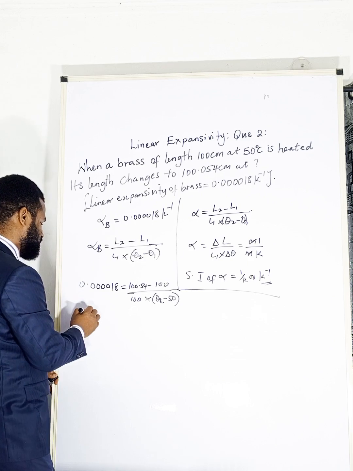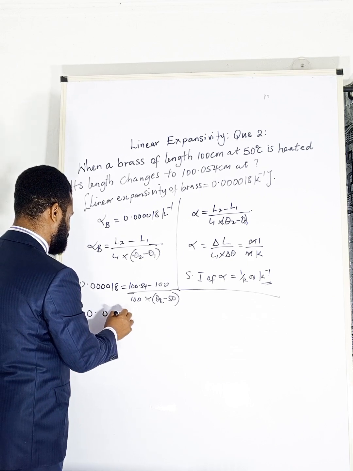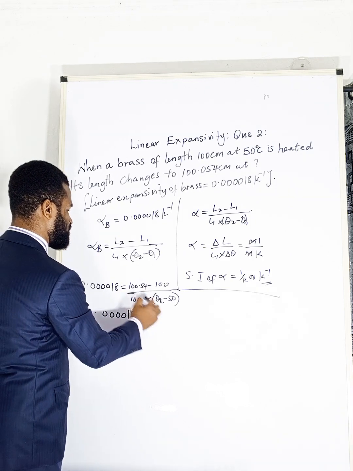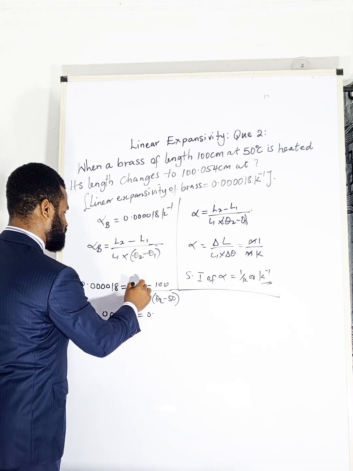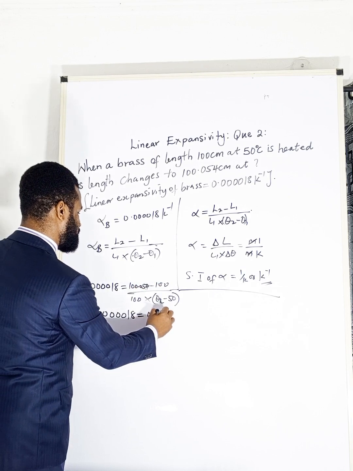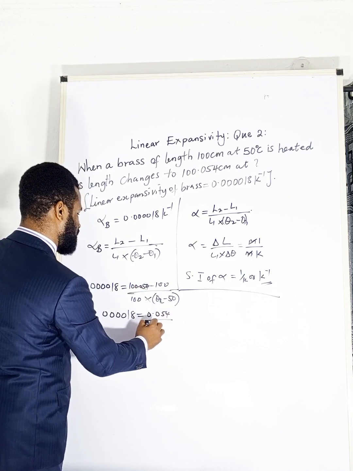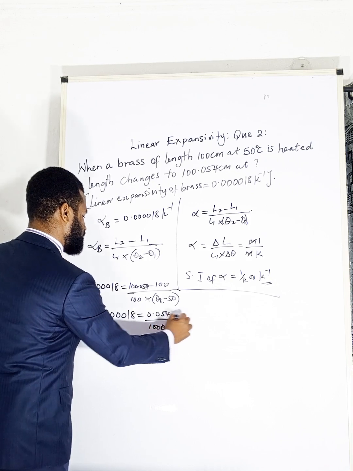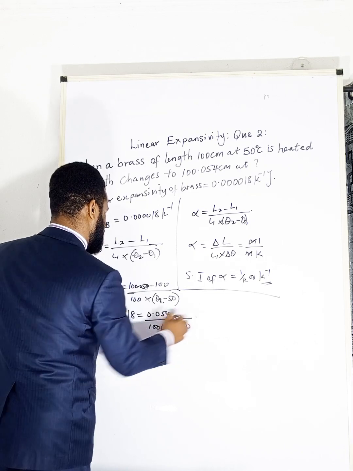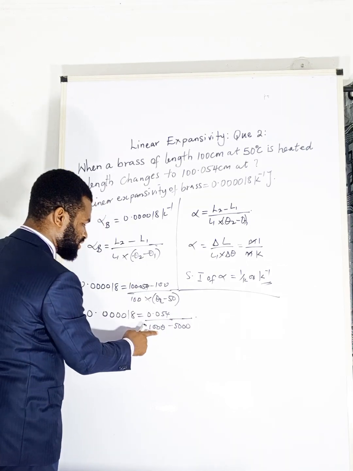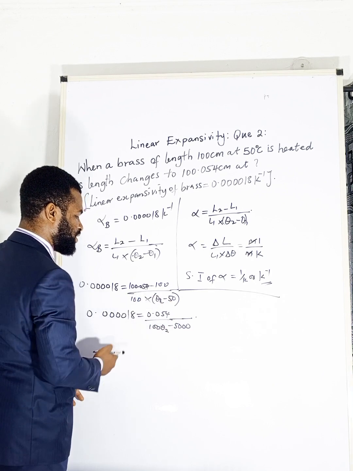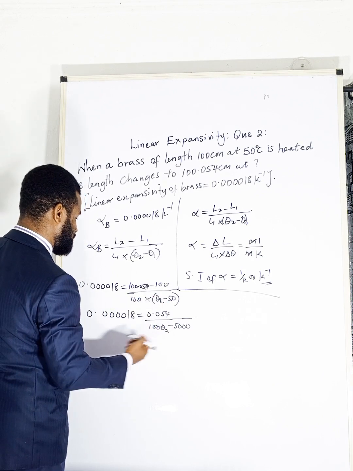So we now have 0.000018 is equal to 0.054 all over 100 times theta 2 minus 50. I said this times this is theta 2, and this times 50 is going to be 5,000.